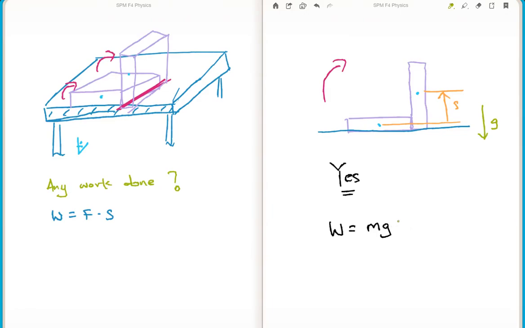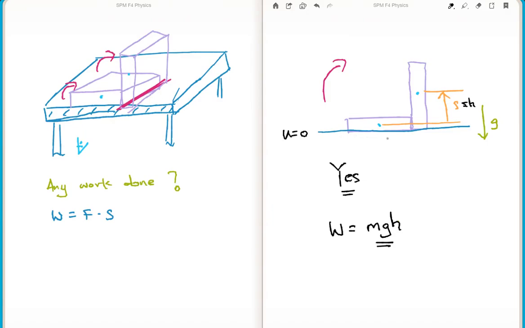Then this is my displacement, which is h, defined as S. This is where there's an increase of potential energy, because this is where I define my potential equal to 0.